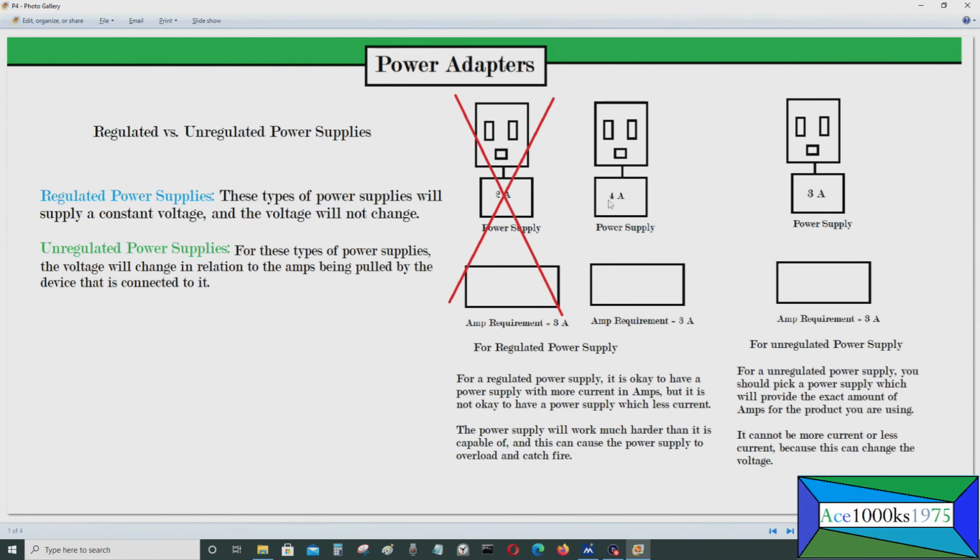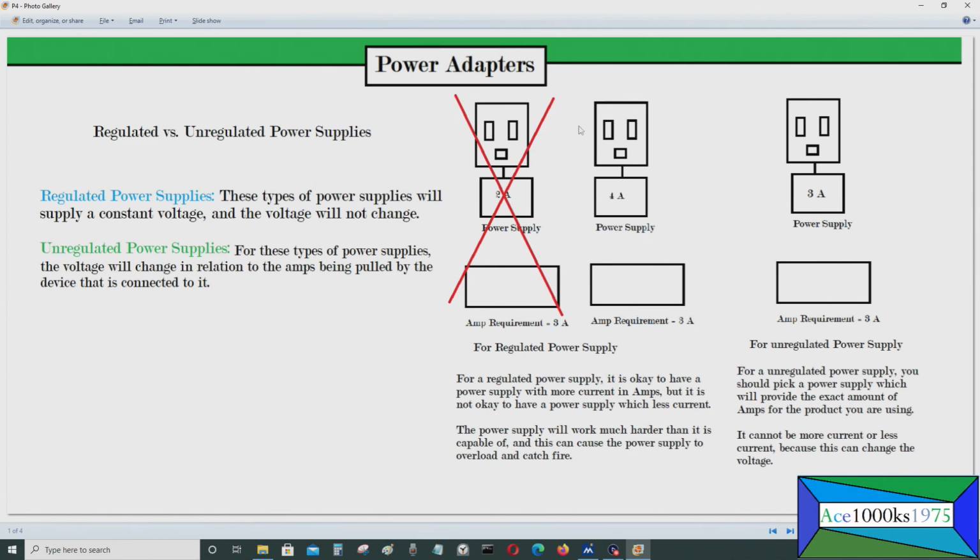If this was 8 amps and the requirement was 3 amps, that would be okay too, because it's a regulated power supply, it's supplying the same amount of voltage. The voltage does not change in relation to amperage.